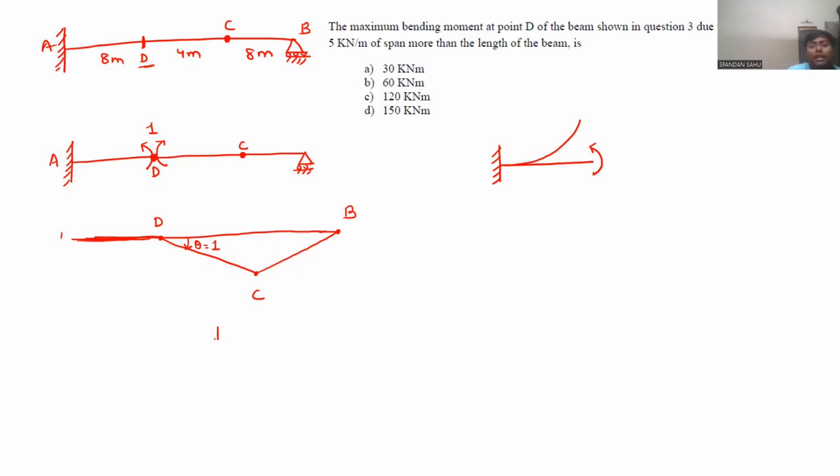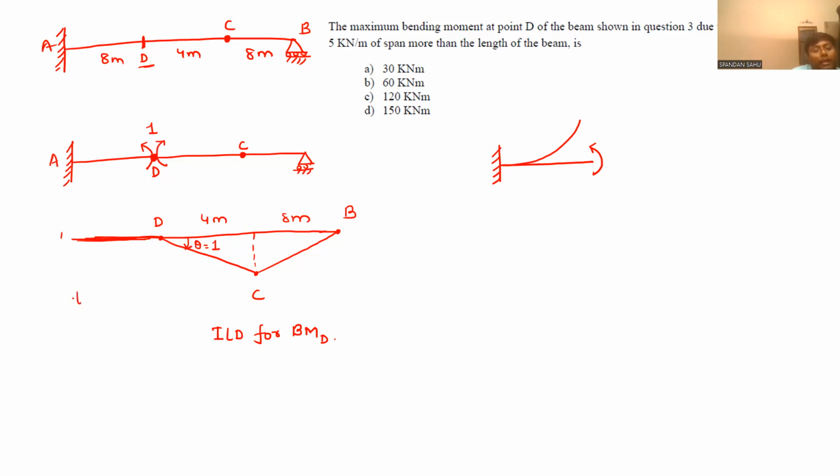Now this is the ILD for bending moment at D. Now check, this is 4 meter, this is 8 meter, and here theta is 1. So tan theta will be equal to theta because theta is very small, and tan theta will be height by base.